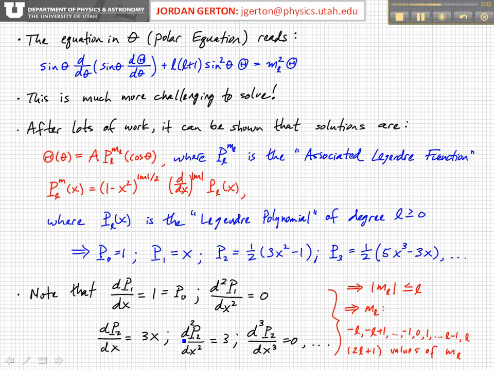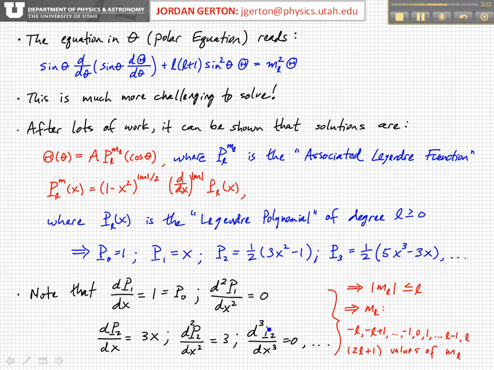And so what that means is that the absolute value of m sub L has to be less than or equal to L, so that you can only take the derivative up to the order of L. For example, for P2, we can only take the second derivative.